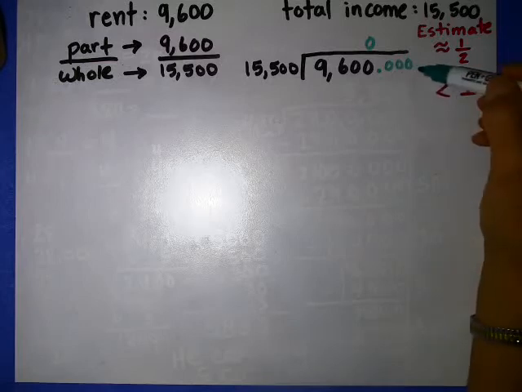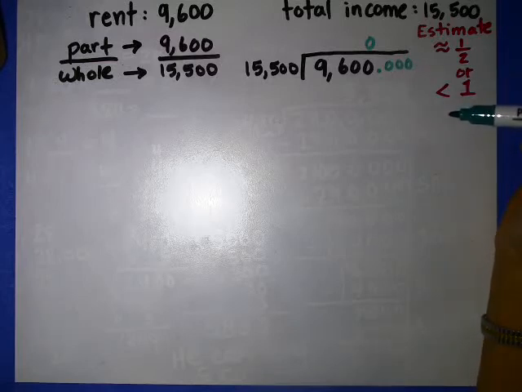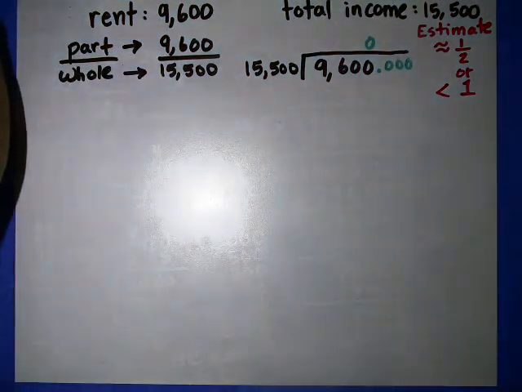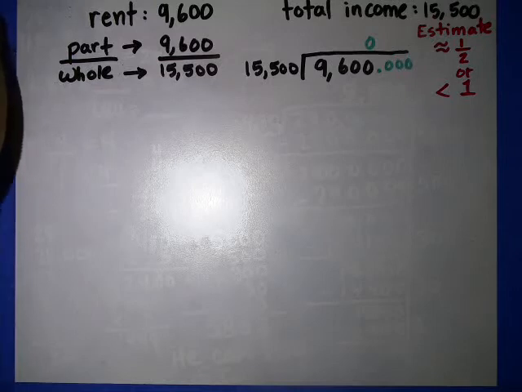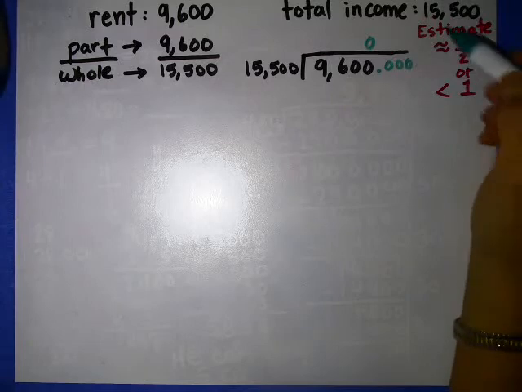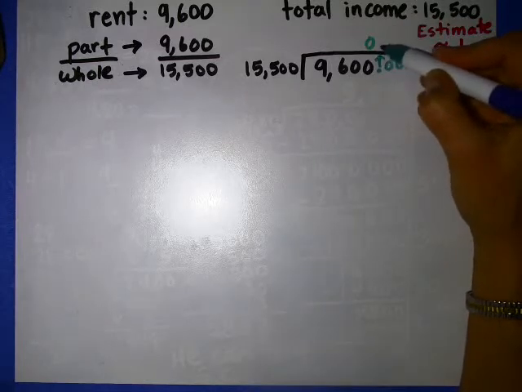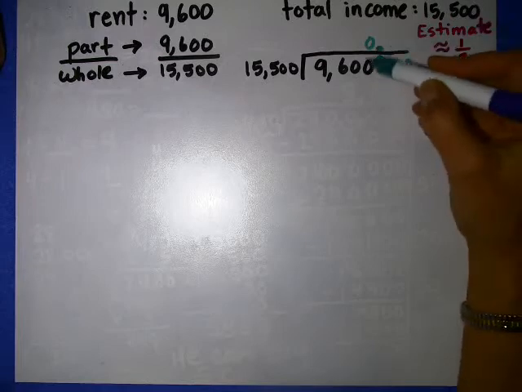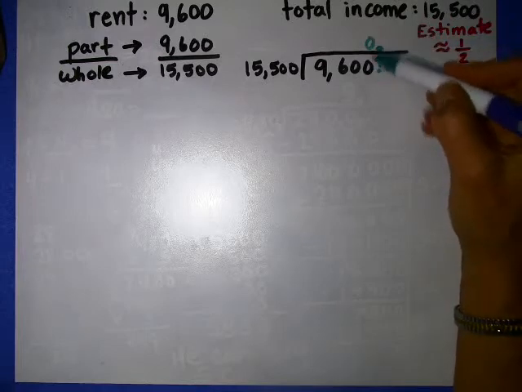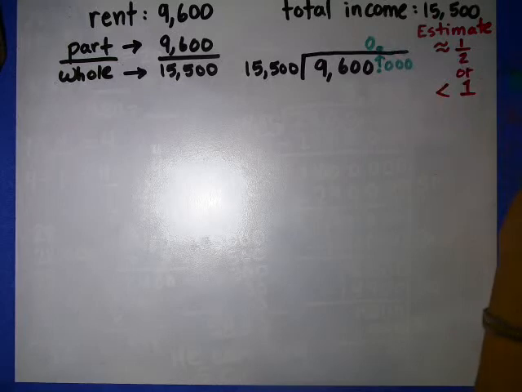Just stop at 3 digits past the decimal and round to the nearest hundredth. So for this one, I'm going to do the traditional method of long division. So I got my decimal here. Your decimal goes straight up, right after the 0.